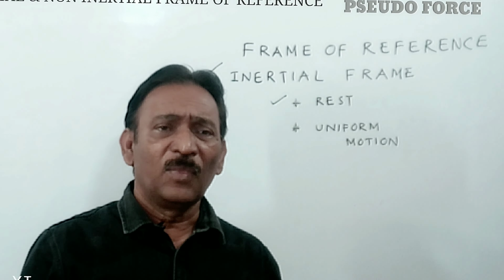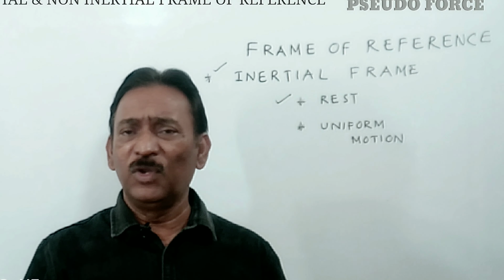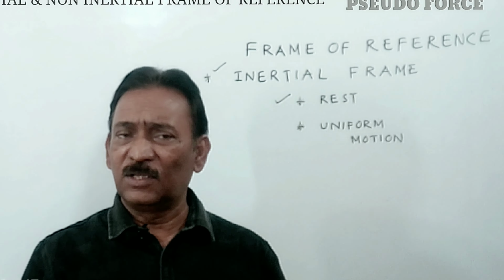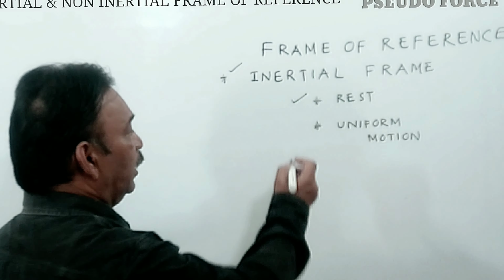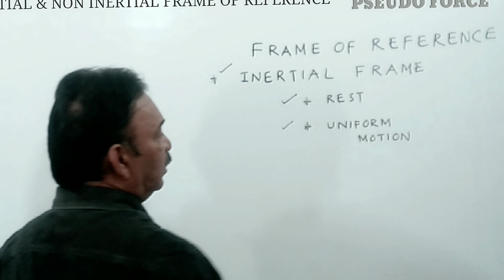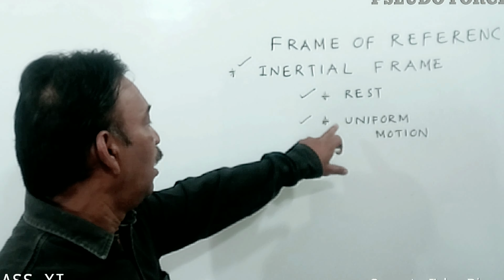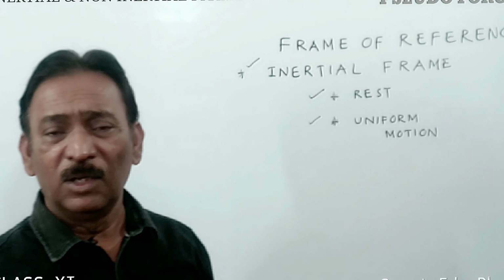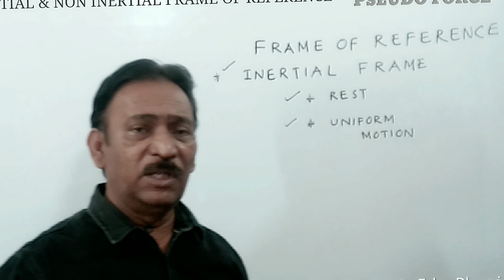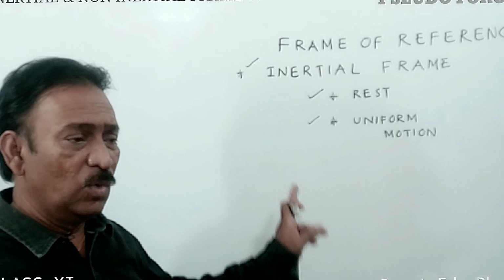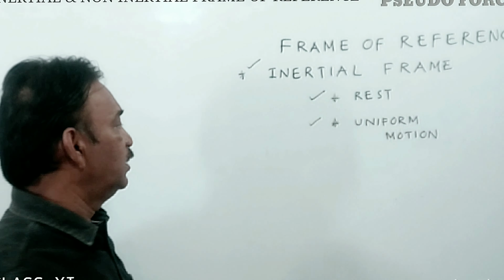You know that when a body is moving with uniform velocity, its acceleration is 0. Here, any frame of reference which is at rest or moving with uniform velocity is known as an inertial frame of reference.